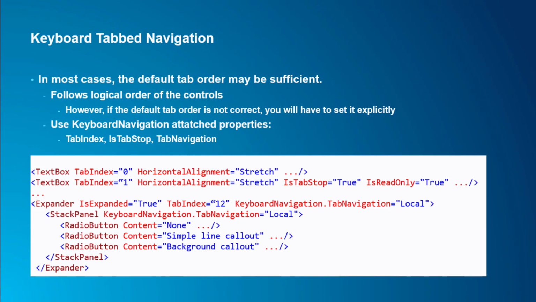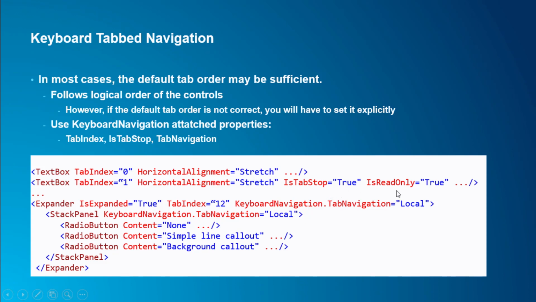Tab index is pretty straightforward. It's a zero-based index. You set it 0, 1, through the number of interactive controls that you want to be tabbed, okay? You explicitly set the tab order. If you want some control that would otherwise be a tab stop to not be a tab stop, you can use is tab stop, and you can set it to false or true.